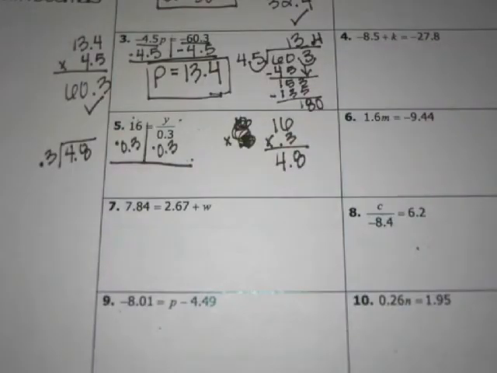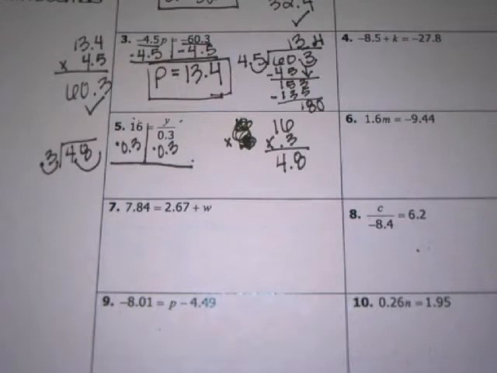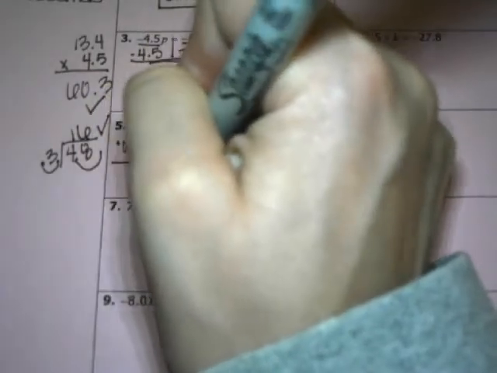Okay, everyone do 4.8 divided by 0.3. What'd you get? So did we do it right? So y equals 4.8.